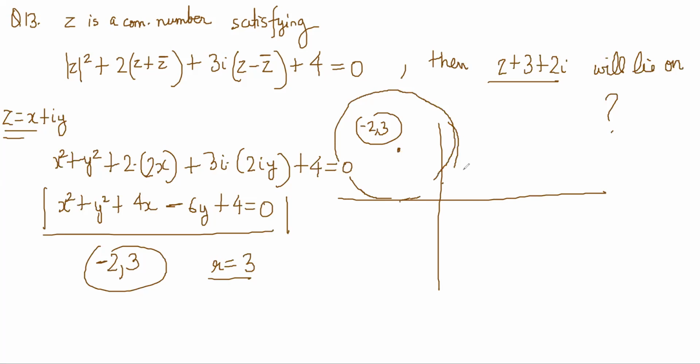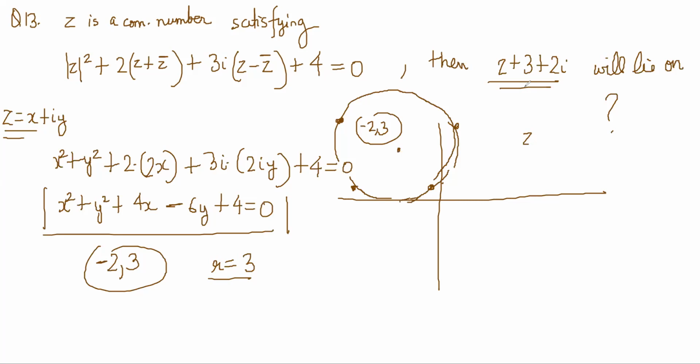Z plus 3 plus 2i. Any point here is z. Won't the whole circle just shift 3 units this side and 2 units up?